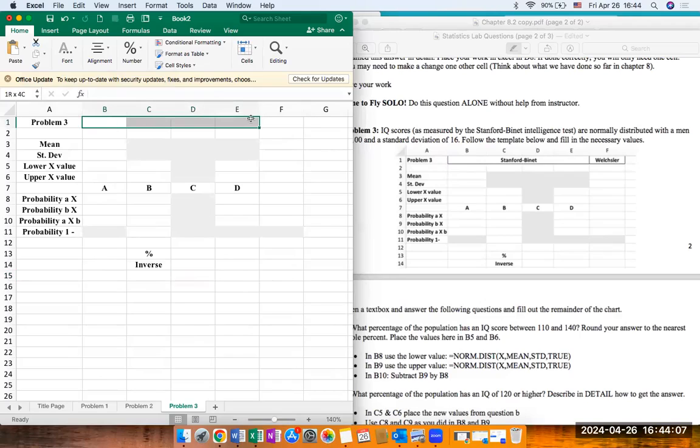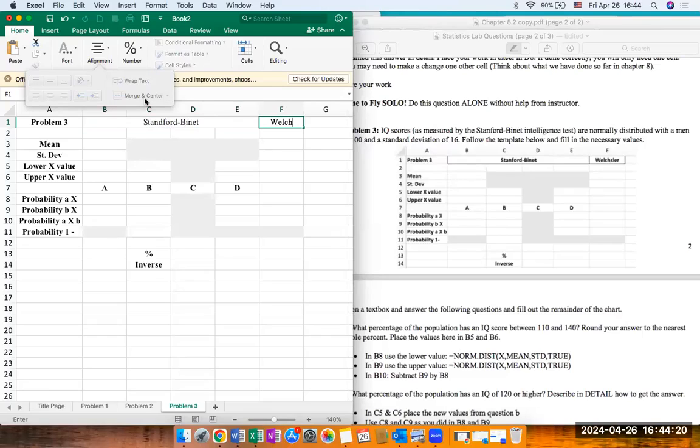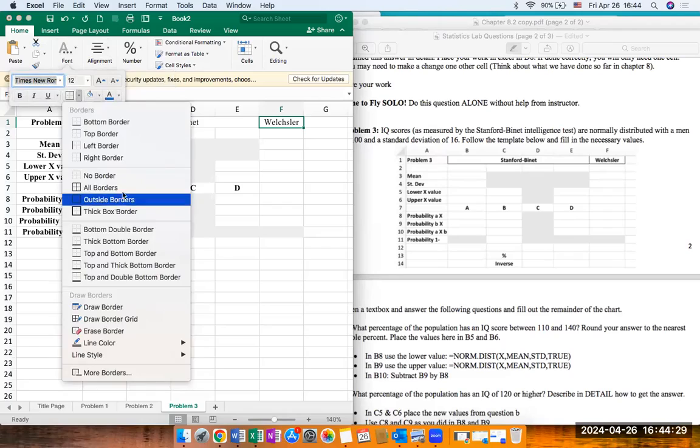It does look like from here to here, we are going to merge and center. This is called the Stanford Binet test. And then you have the Wechsler test, Wechsler.